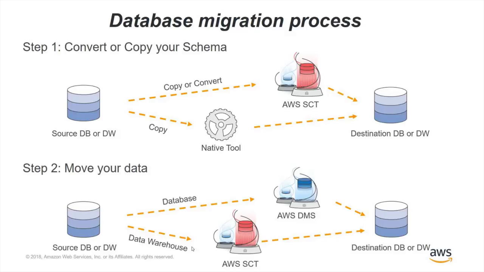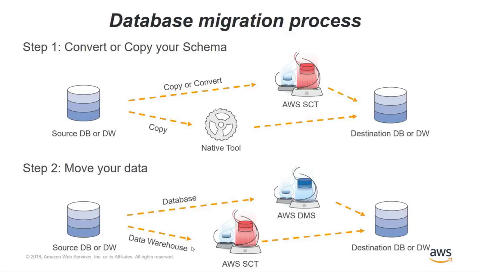DMS to basically migrate from your existing database to a database in cloud. At the same time, you can use Schema Conversion Tool also to migrate from your existing data warehouse systems to Amazon Redshift. So you can use Schema Conversion Tool to migrate from your Netezza, Greenplum, Oracle data warehouses to Redshift.